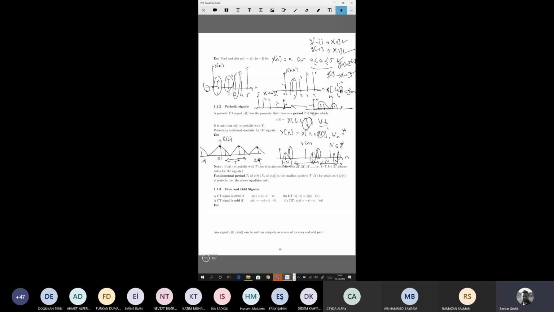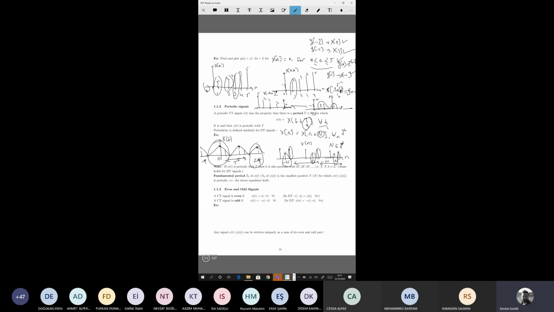Well, here we have again a note. If x of t is periodic with capital T, then it is also periodic with 2T, 3T, 4T, and all integer multiples of T. So the signal repeats itself, in this case, with T, but also repeats itself with 2T.